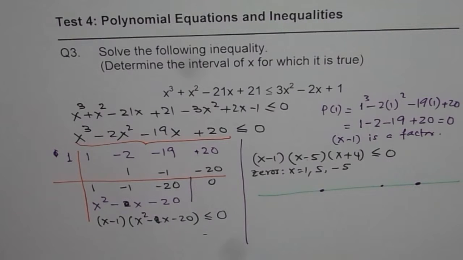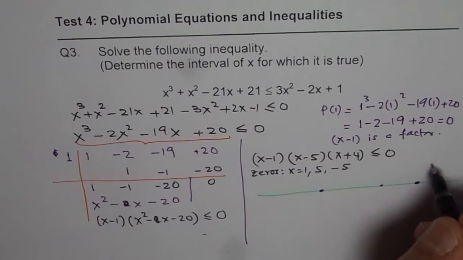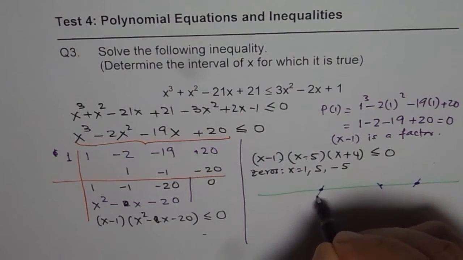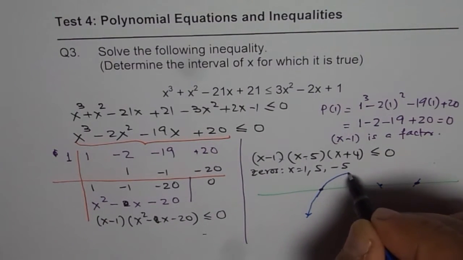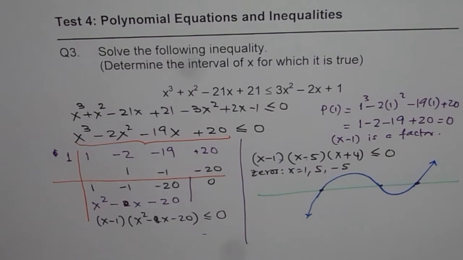In an inequality, we are looking where the polynomial is less than or equal to 0, meaning negative. Since this polynomial has a positive leading coefficient, the right side is up, and all the zeros are linear, so it will cross like this. So the graph will be like this. Since the method is not given, this is the best method to use.